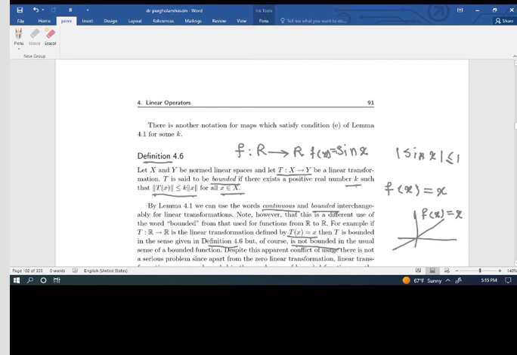So, for a linear transformation, T being continuous and bounded are the same. By the previous lemma, it was a lemma, sorry, the words continuous and bounded can be used interchangeably for linear transformations. So we can say that the transformation is continuous if and only if it is bounded.